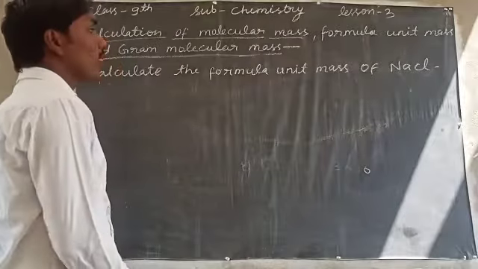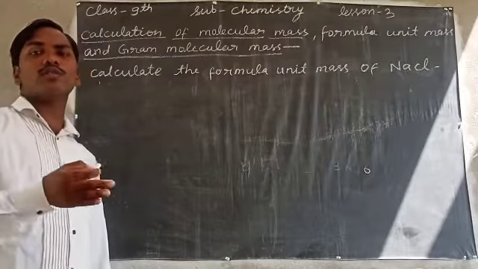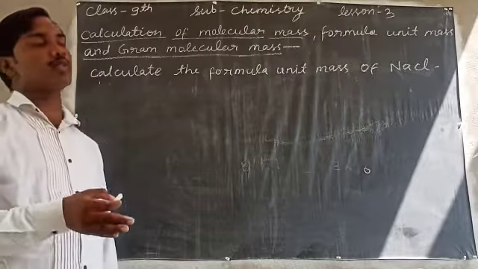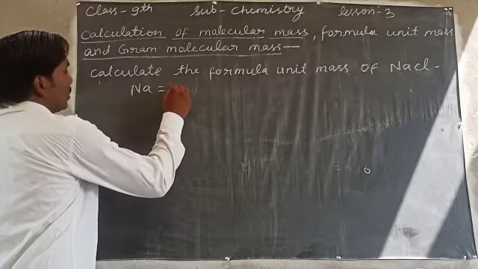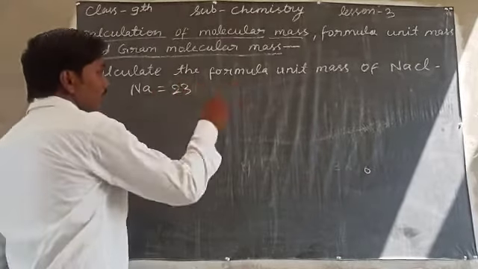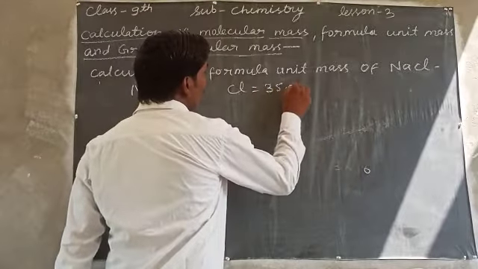So the calculation of formula unit mass is also the same as molecular mass. So here, as you know, Na is 23 and Cl, chlorine, is 35.5.